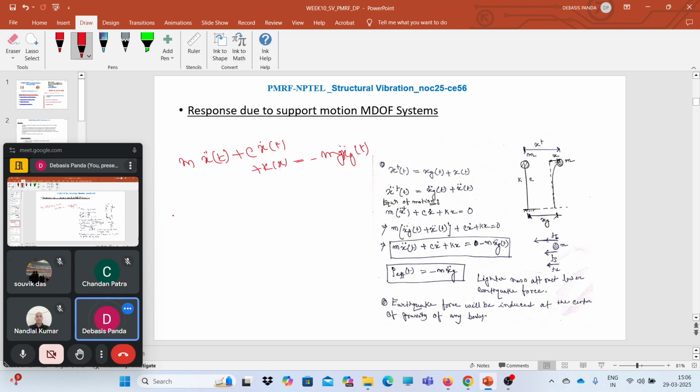Here the effective earthquake force, already you have developed this equation, where xg is the ground displacement, this is the total displacement of the mass, and x is the relative displacement.